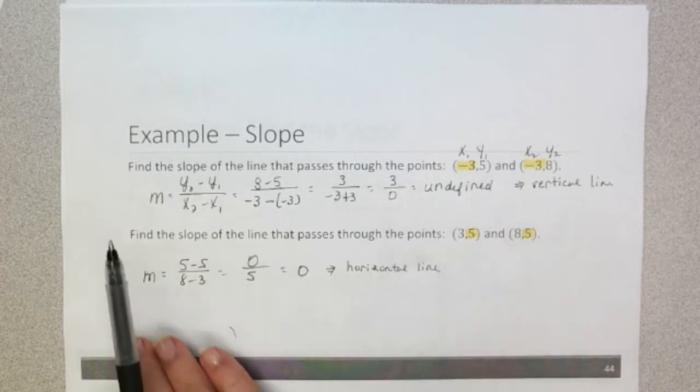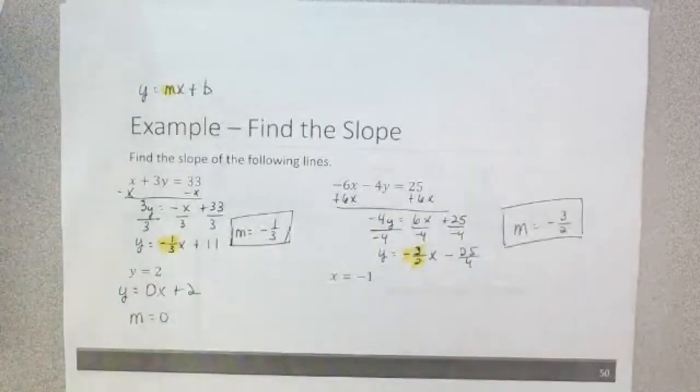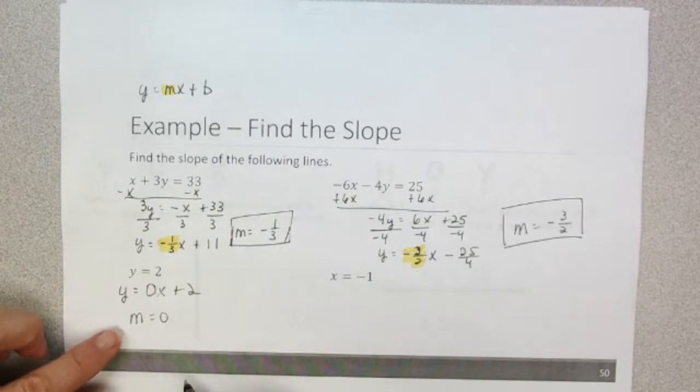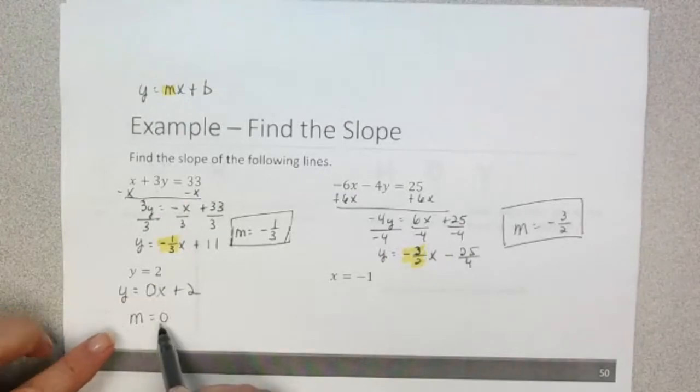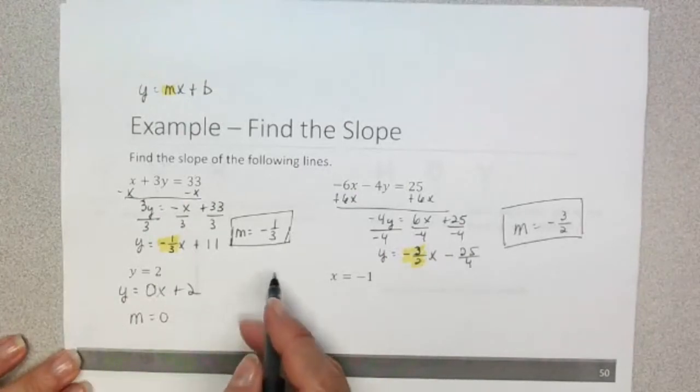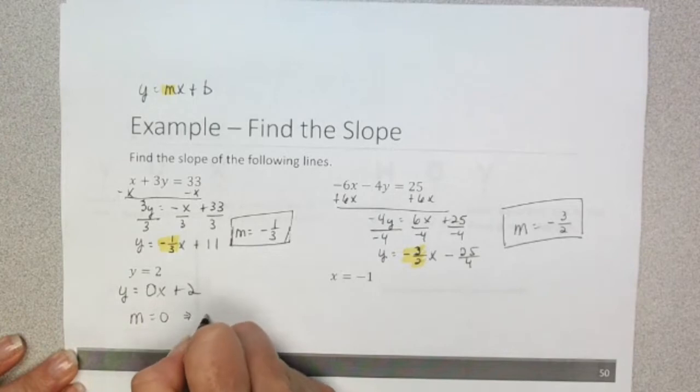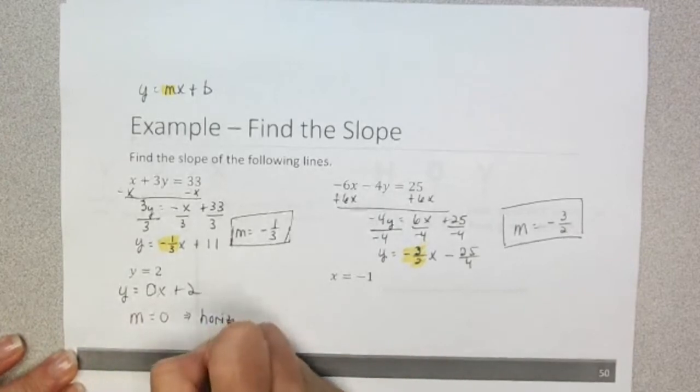If the y coordinates are the same, it's a horizontal line. Well, we don't know 2 points in this case, but we knew that when the y coordinates were the same, it had a slope of 0, right? So that means this guy is going to be a horizontal line.